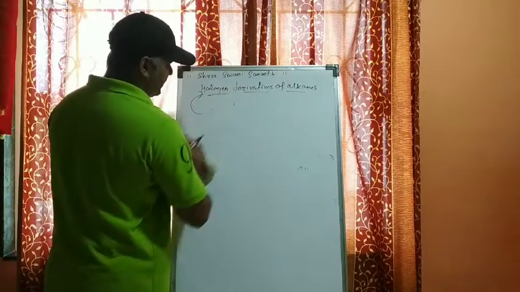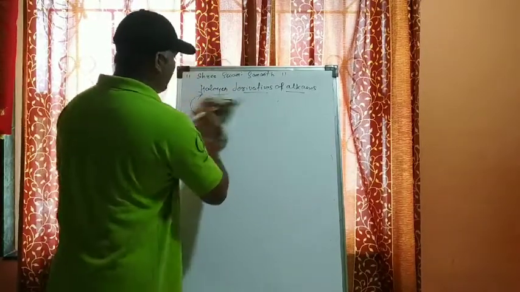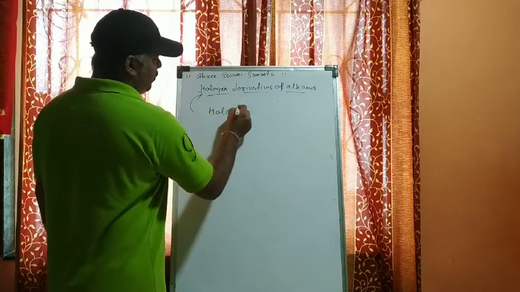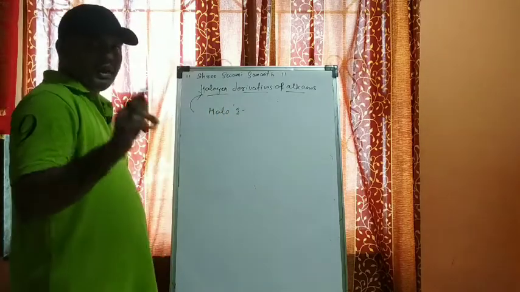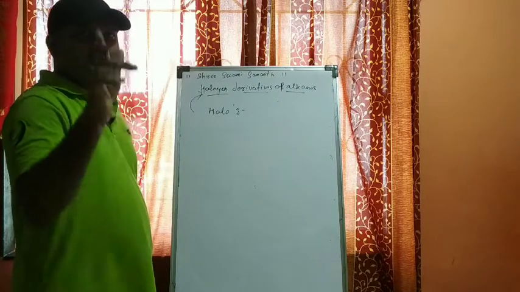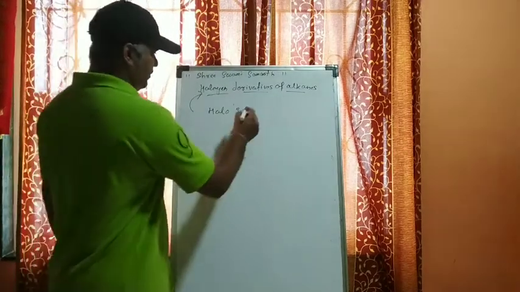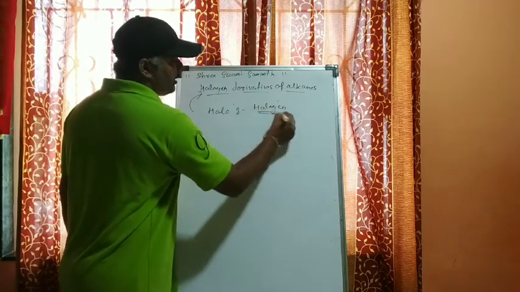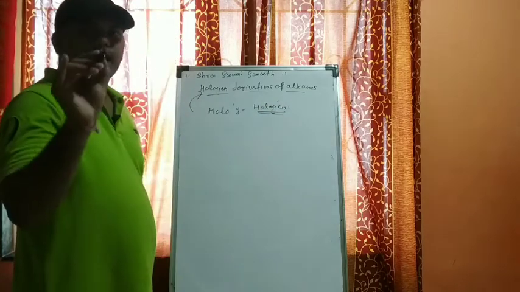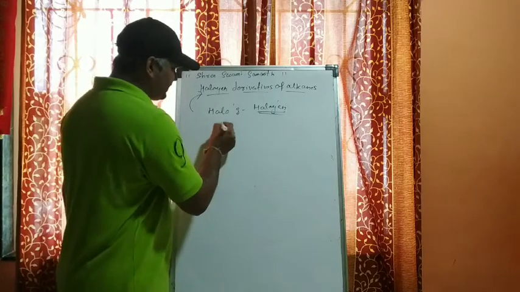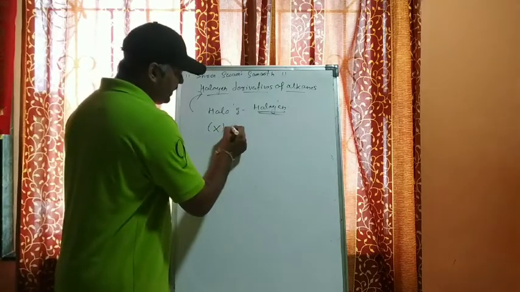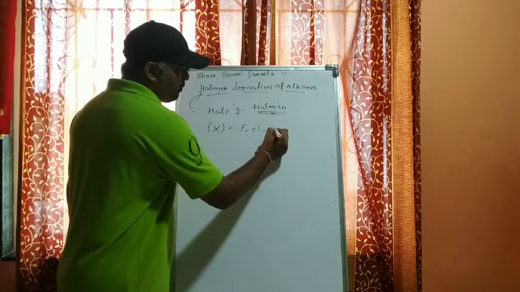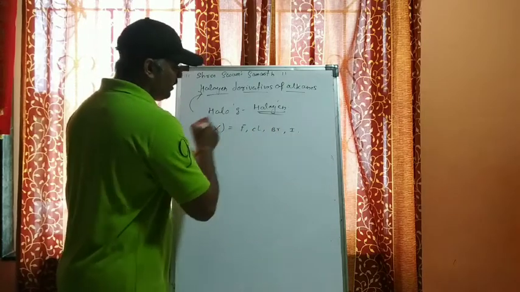For this we first have to understand what exactly the word halo is. The word halo, H-A-L-O, stands for halogen. Now halogen is represented by X, and this X can be fluorine, chlorine, bromine, or iodine.